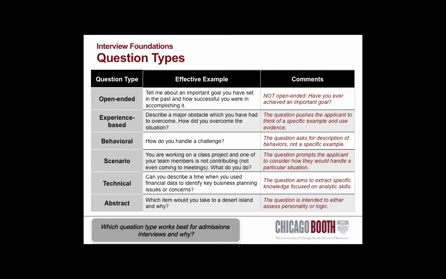It could be a question like, which item would you take to a desert island and why? So, as you can see from this, there's a lot of different ways to ask questions. They each have a different purpose, they each have a different intention, and they should be tying back again to the rubric that you're using to assess the candidate.